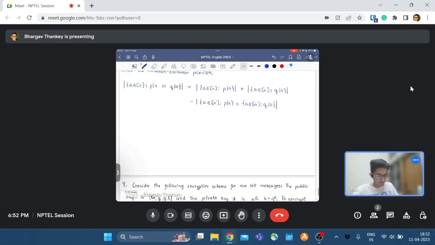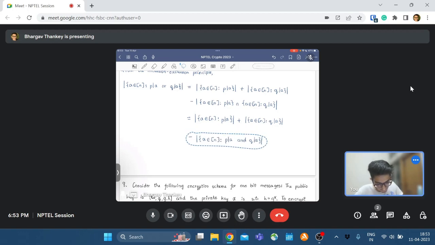Yeah, but the size of this intersection set, okay, is exactly just, let me write it down: size of A such that P divides A, size of A such that Q divides A, minus this intersection set is exactly... okay.